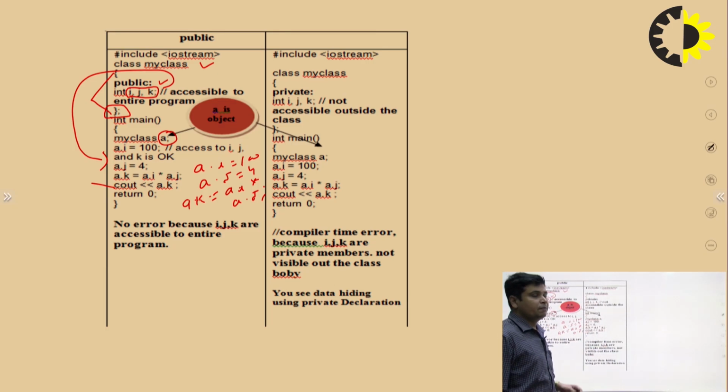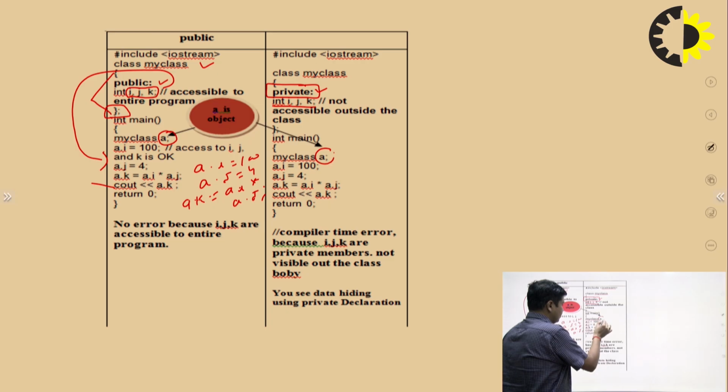You will see here inside this, these three members are private. I, J and K are declared as private. Okay, now I am creating the object A, no issue at all.